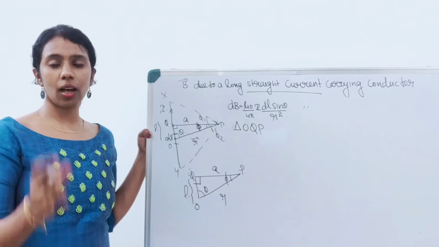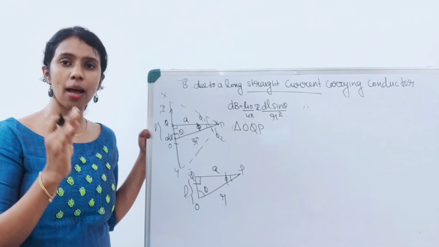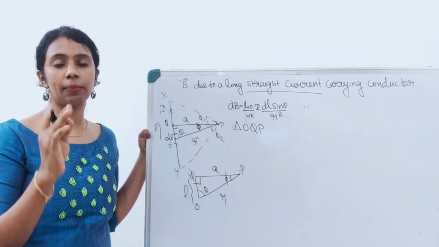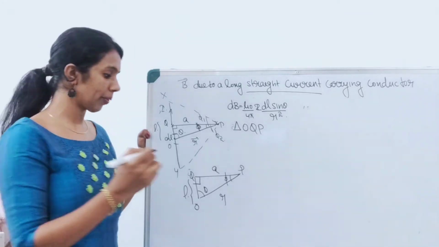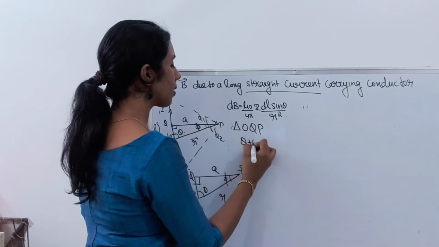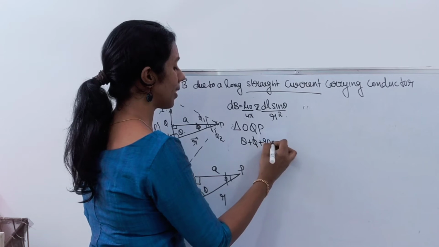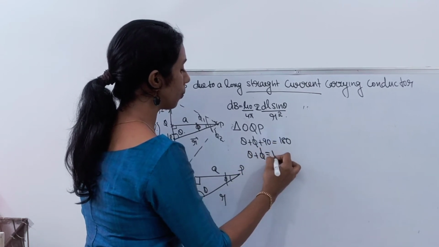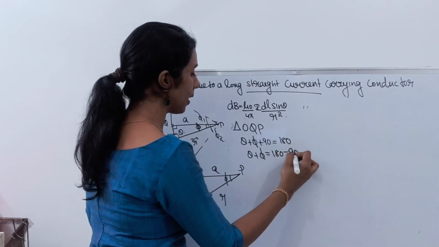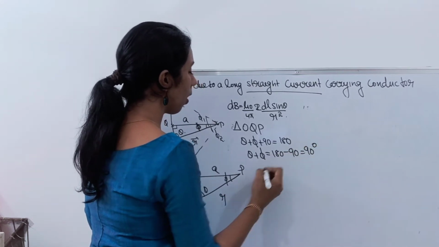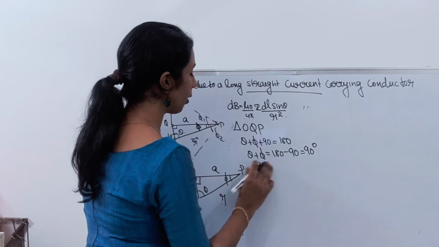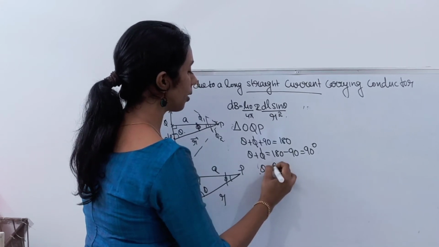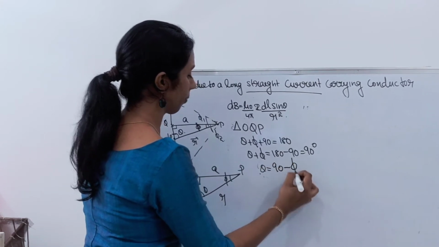In the triangle, according to the angle sum property, the sum of the angles of a triangle will always be equal to 180 degrees. So here theta plus phi plus 90 degrees is equal to 180, or theta plus phi is equal to 180 minus 90, which is equal to 90 degrees, or theta is equal to 90 minus phi.